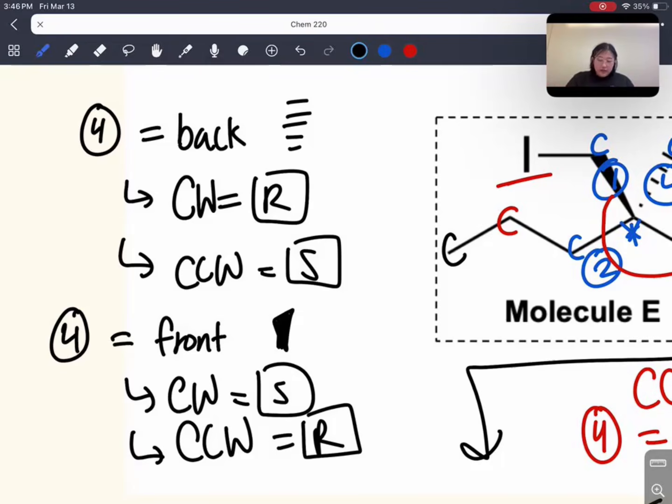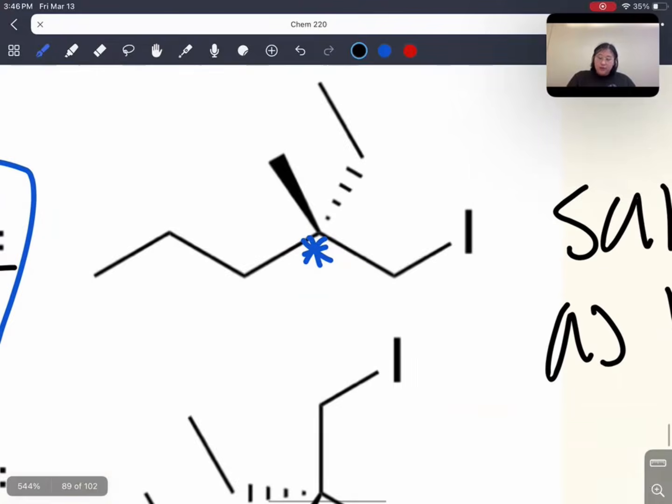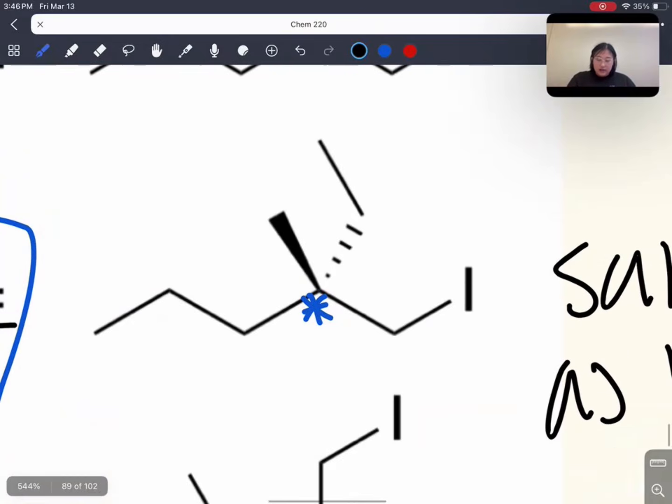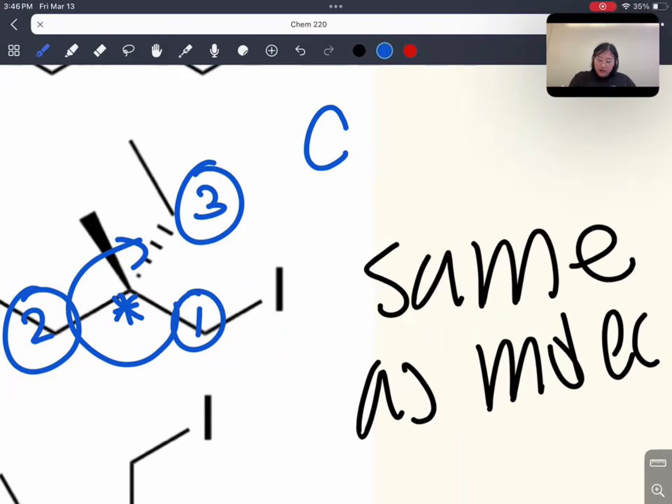If we go back to molecule G, we're going to assign the chirality of the chiral center. If I assign priority, the I group would be priority 1, my propyl group number 2, ethyl group number 3. I'm going clockwise, but my lowest substituent is in the front.